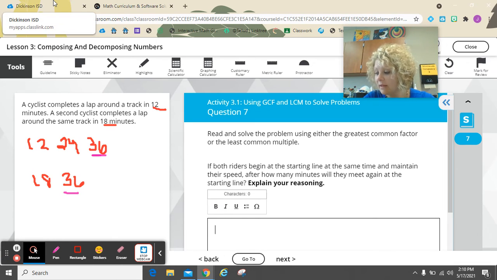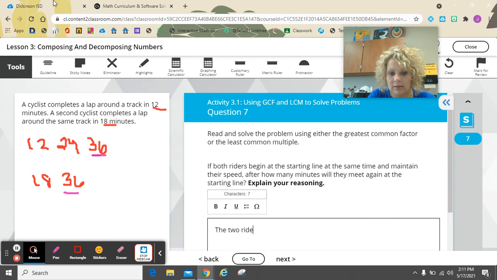So that means if both riders start at the same time and maintain their speed, they will meet at the same spot at 36 minutes.